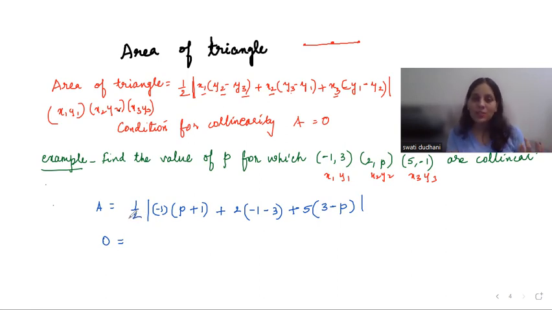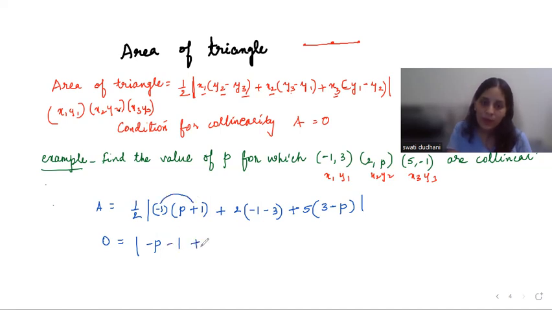When I transpose, it becomes 0. So here we have, open the brackets: minus 1 into p is minus p, minus 1 plus 1 is minus 1. Now plus 2 into (minus 1 minus 3), which is minus 4.